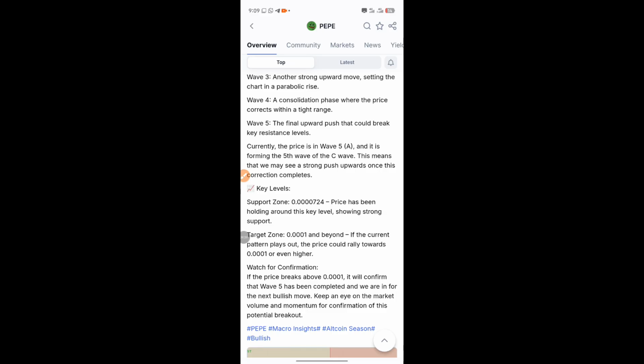Looking at all of this, the key support zone and the others is very amazing. At least we are hoping for a very big movement. You can see this is what they're targeting here. That is, it's going to take away two zeros and give us 0.301.